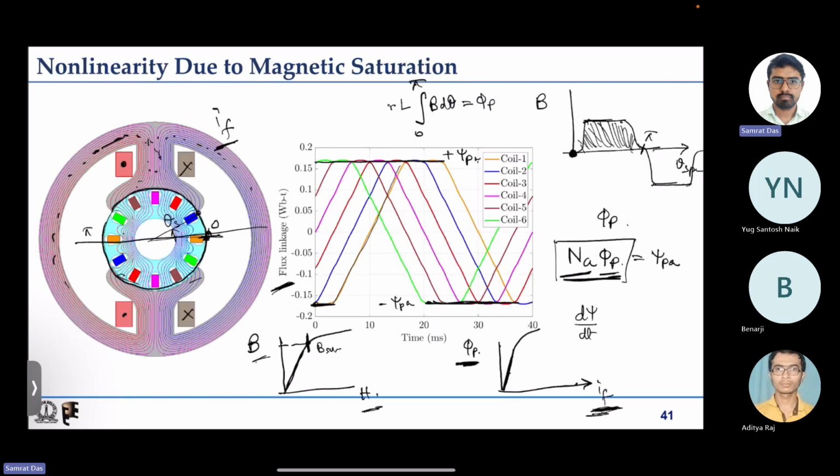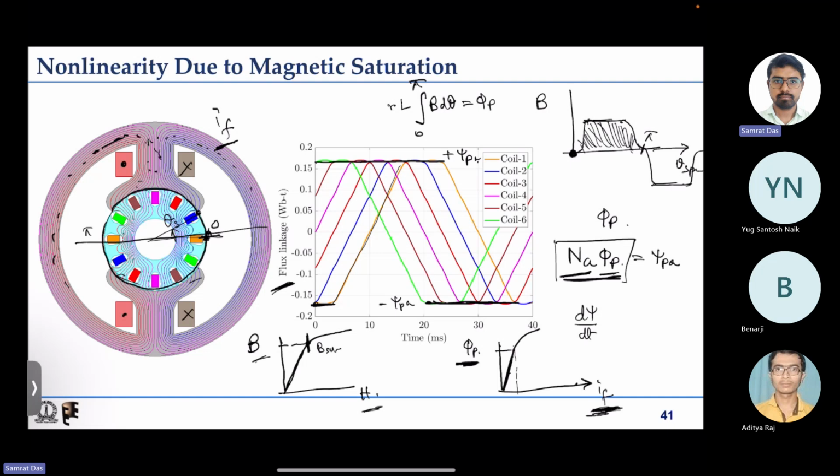The relationship between flux per pole and current will not be a straight line, but a nonlinear curve beyond a certain value of maximum flux per pole. So the flux per pole versus current would look like this, and this is the most significant nonlinearity that exists in any electrical machine, which cannot be avoided.